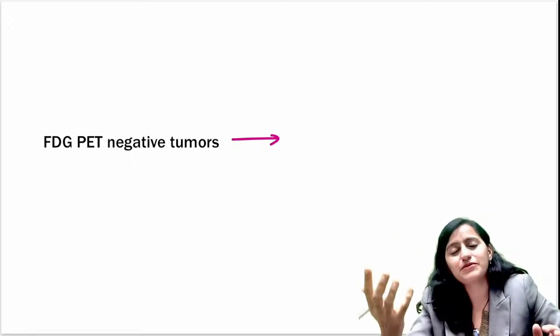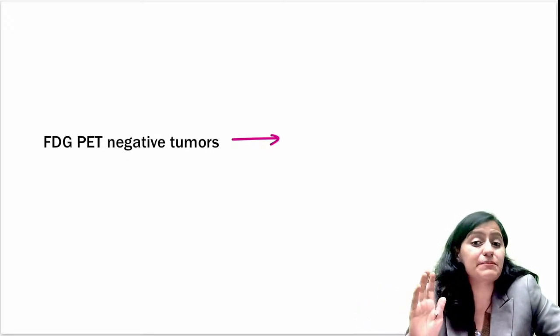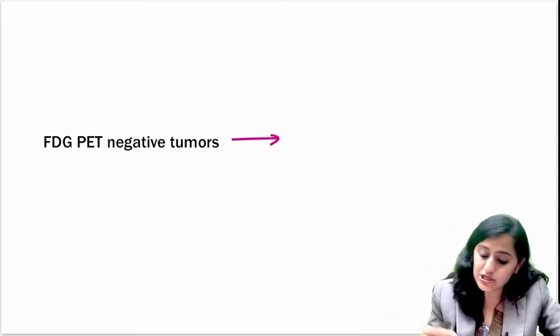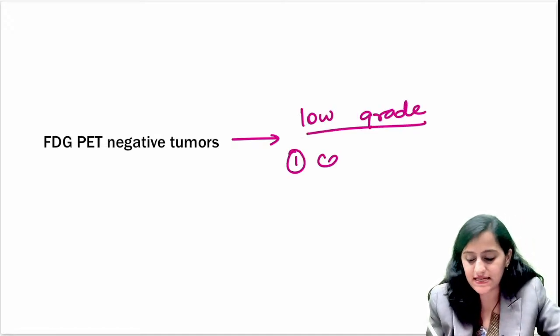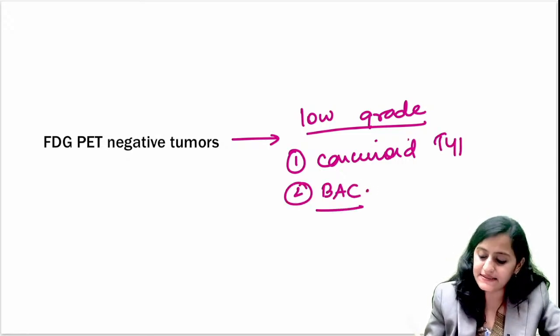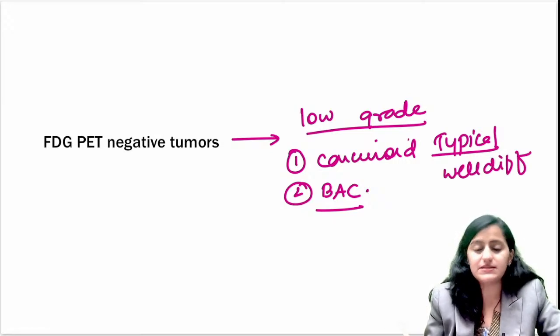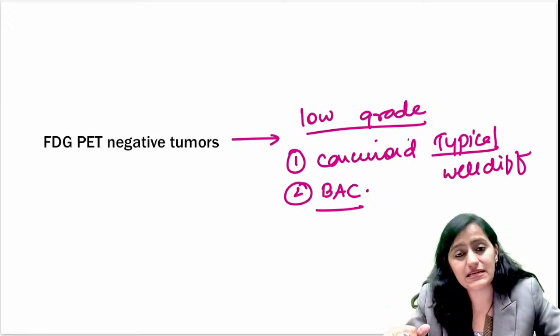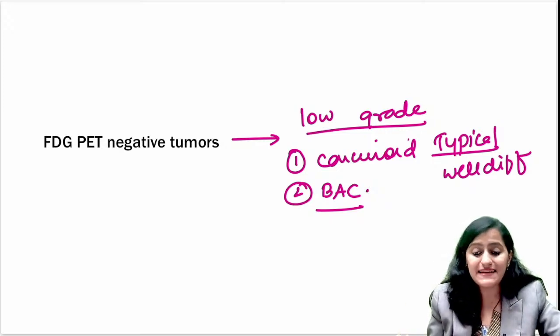They will not behave a lot like the cancer cells, right? So they will appear negative on PET. So remember, low-grade tumors or well-differentiated tumors like carcinoid and, in the lung, bronchoalveolar carcinoma. Even in the carcinoid, it is typical carcinoid, which is well differentiated, which is going to be PET negative. So the low-grade well-differentiated tumors are going to be PET negative.